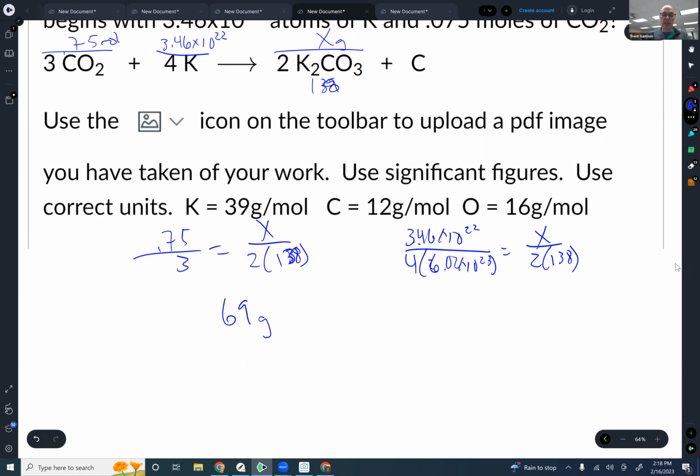Let's try the other one. 3.46 to the 22nd divided by 4 divided by 6.02 to the 23rd times 2 times 138 gives me 3.96. You could round that probably up to 4 grams. So that would be my answer for this question number 13.